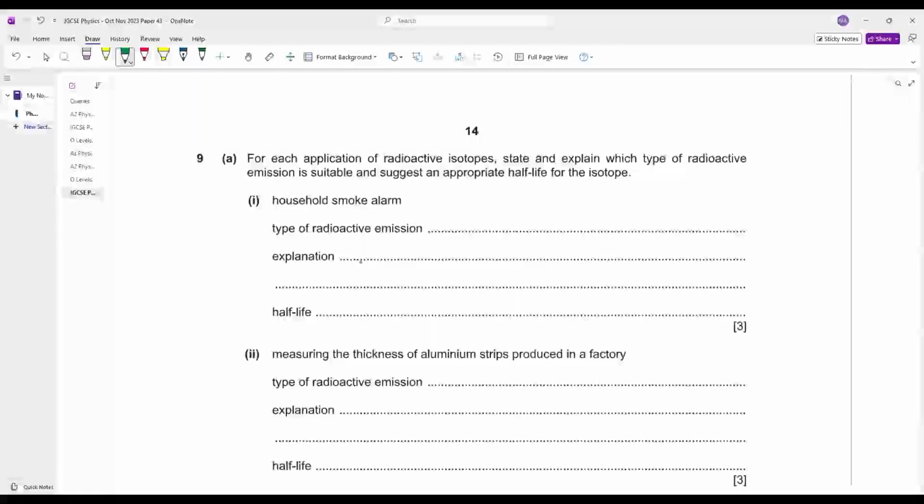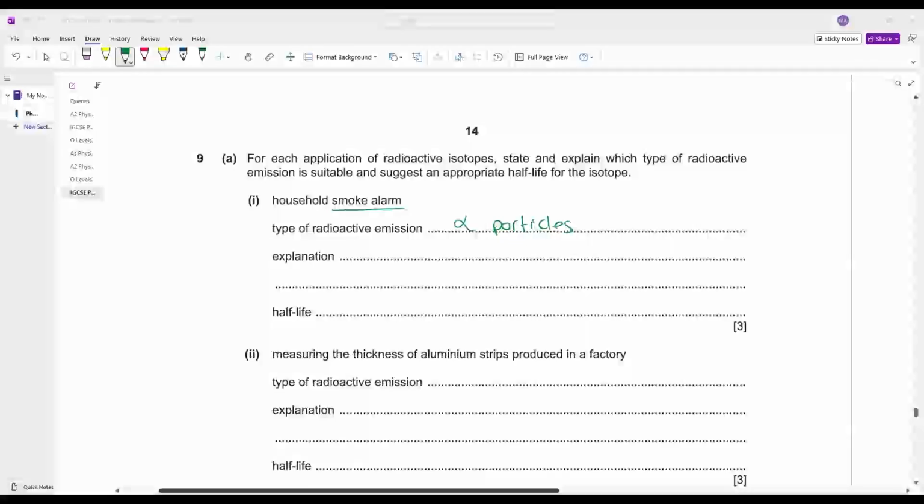For each application of radioactive isotope, state and explain which type of radioactive emission is suitable and suggest an appropriate half-life for the isotope. Which type of radiation is suitable for a household smoke alarm? Alpha particles. Why? Because alpha particles are highly ionizing and have the least penetration power.